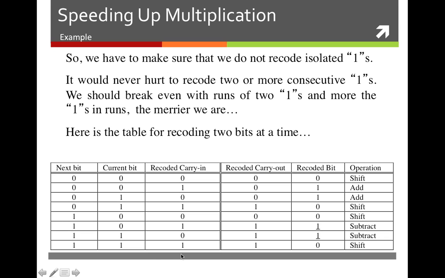And in the final case, you have a 1 and 1 coming. This must be recoded, regardless of what this is. That's what it is, basically. And that is going to be just a 0 recode and a 1 carry, because when this 1 comes in, that means something was recoded earlier, and now with a 1 in the current bit position, that can only be transported to the next place.